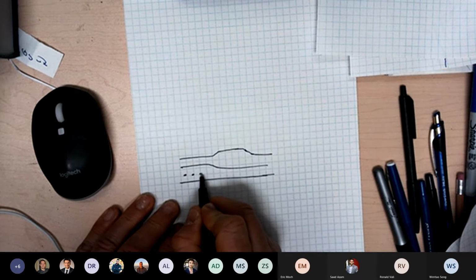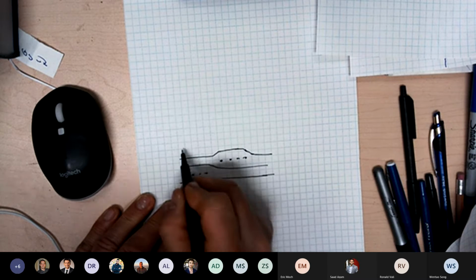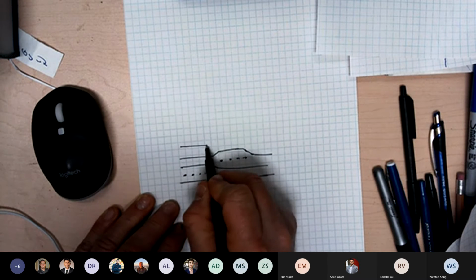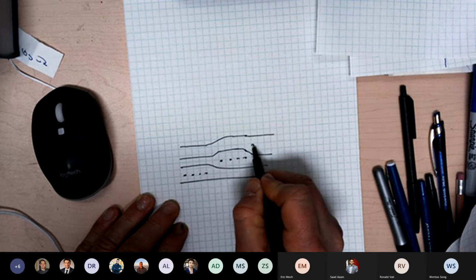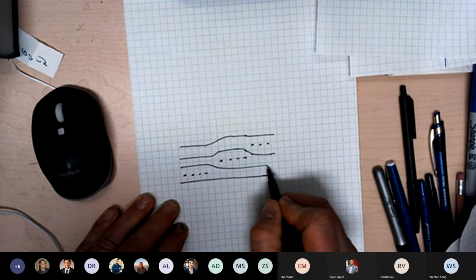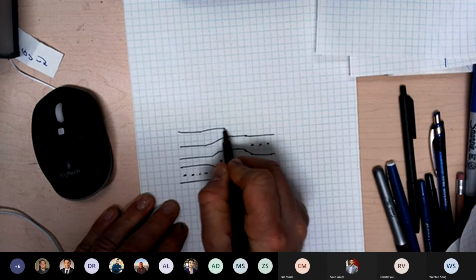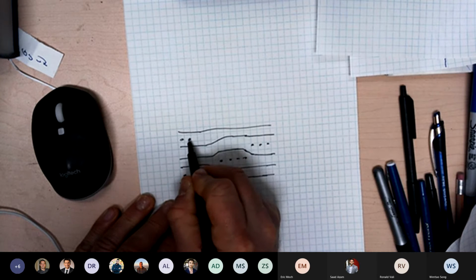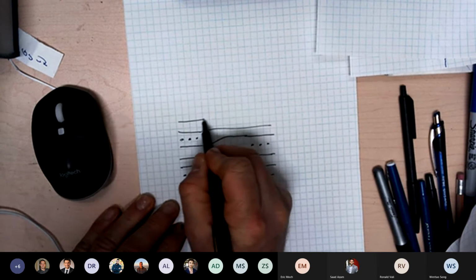So we have lithium here, and we have lithium here, and we have no lithium here, no lithium here, and we have lithium over here. And then we go back to the beginning, which looks like this. And then we go like this.